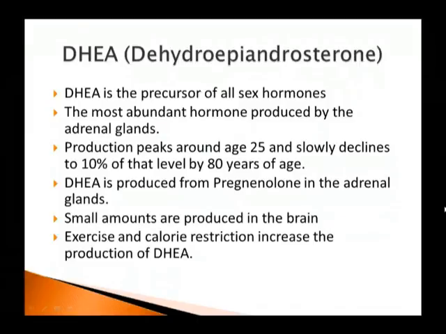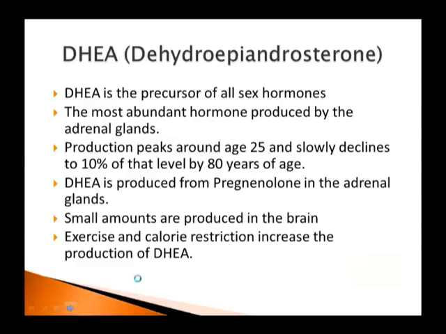For many years, DHEA was promoted and marketed as an anti-aging remedy. Now, DHEA is produced specifically from pregnenolone, which is another hormone within that adrenal pathway. And then there's a small amount that's actually produced in the brain.